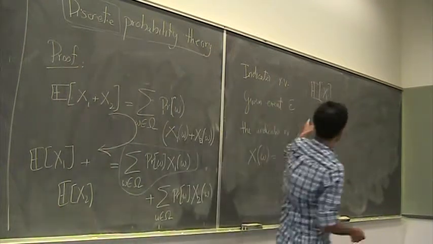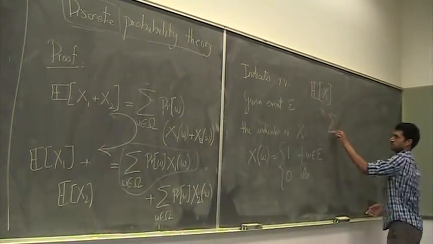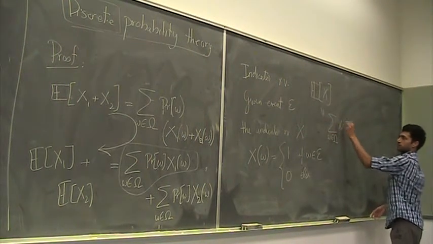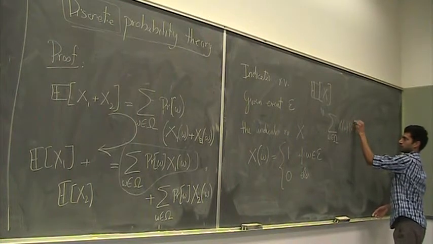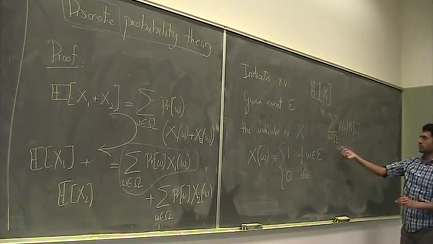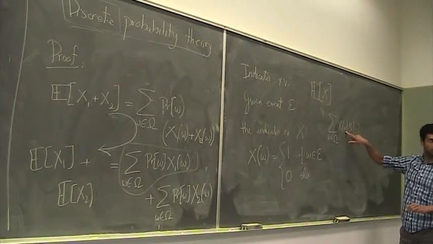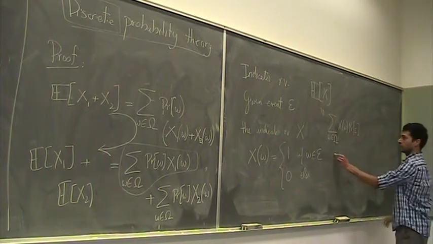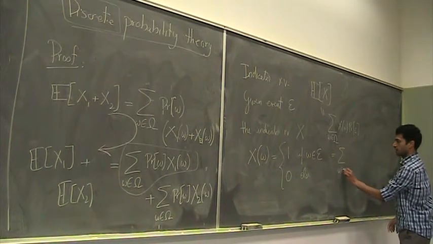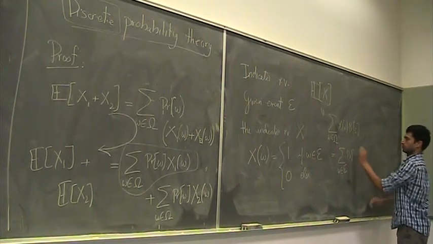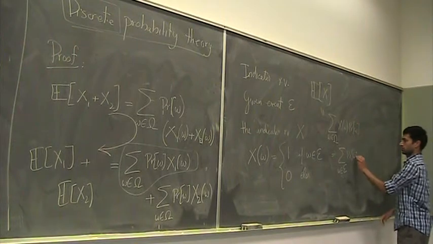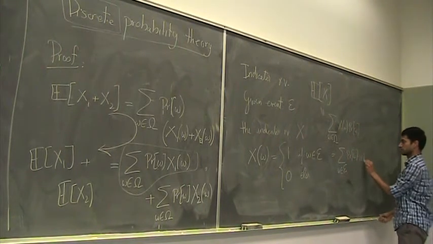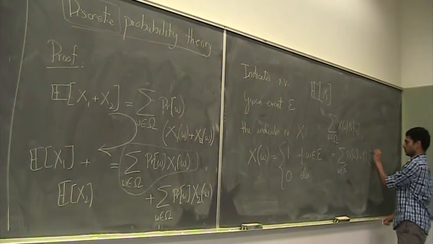Right? Because if you write this out as the sum over all outcomes, essentially whenever omega is not in the event, this just disappears, it's 0. So you're only left with omega in the event of the probability, which is exactly the probability of the event.